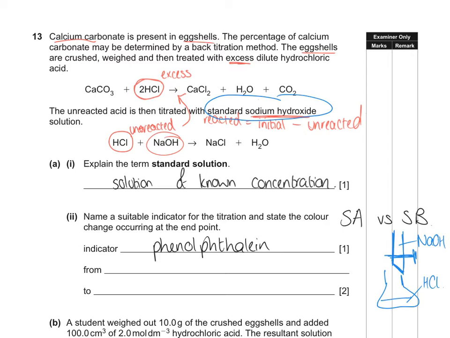So the starting colour is whatever colour the indicator is in whatever is in the conical flask. So what colour is phenolphthalein in hydrochloric acid? Well, it's going to be colourless. Your ending colour is going to be the colour that it is in whatever is in the burette, which is sodium hydroxide, and phenolphthalein is pink in alkali.